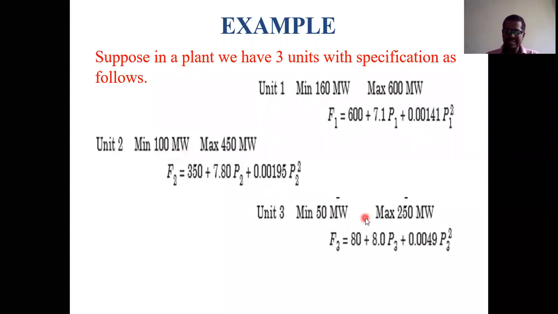Similarly, unit 3 constraint is 50 megawatts to 250 megawatts. Already I told you why we need to respect these constraints, minimum and maximum. This is the minimum power it can generate and this is the maximum power it can generate by unit 3, similarly unit 2 and unit 1. And along with these constraints, they have given fuel cost functions F1, F2 and F3. So these are given data.